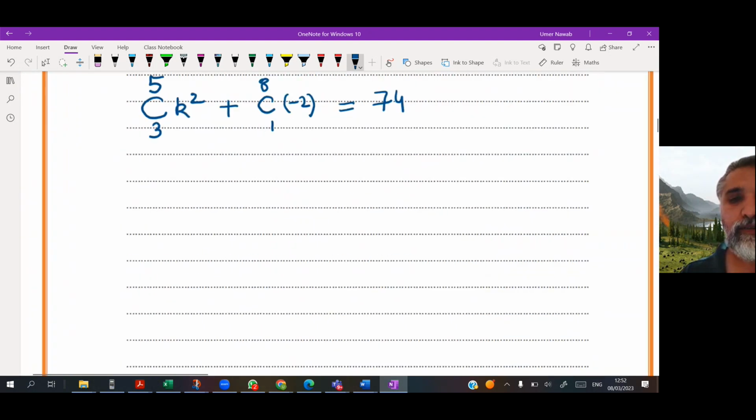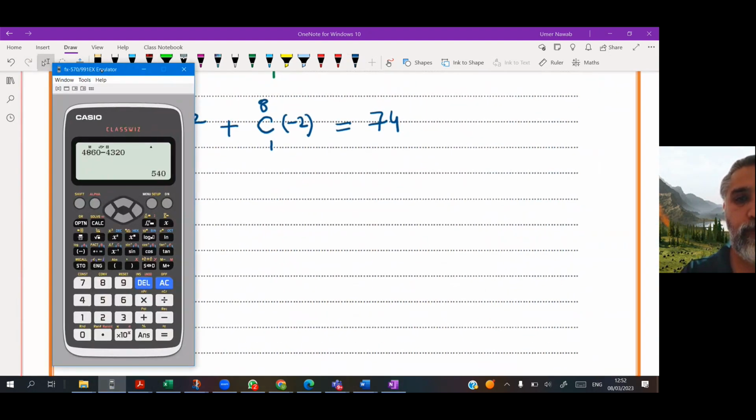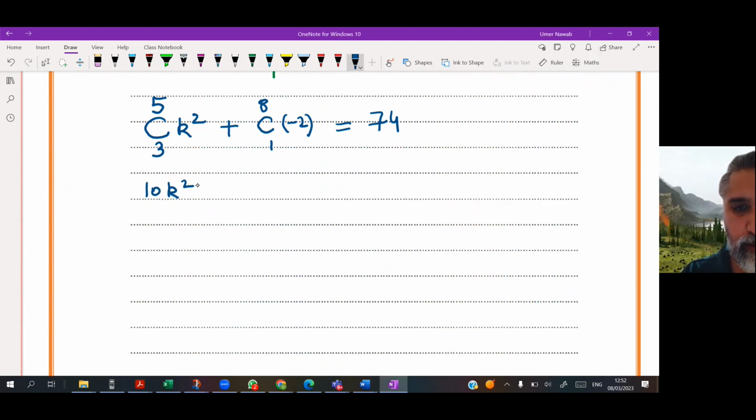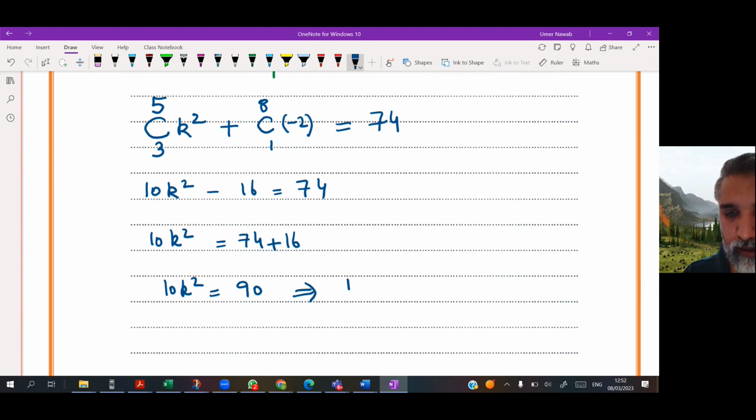Now I need to simplify this. 5C3 gives me 10K squared, and 8C1 is 8, so -16 is equal to 74. 10K squared is equal to 74 plus 16. 10K squared is equal to 90, and K squared is equal to 9.